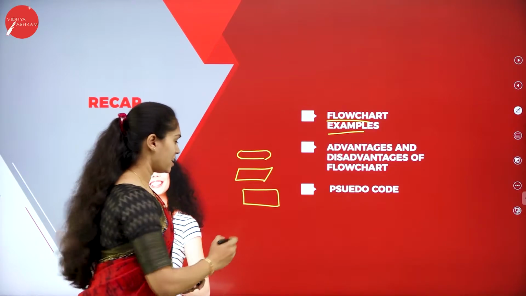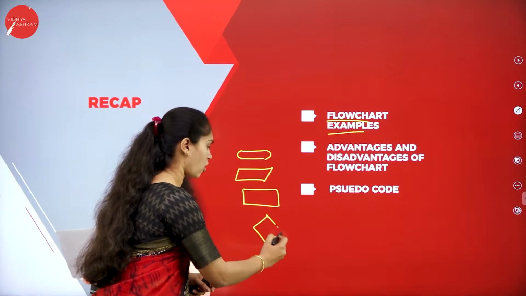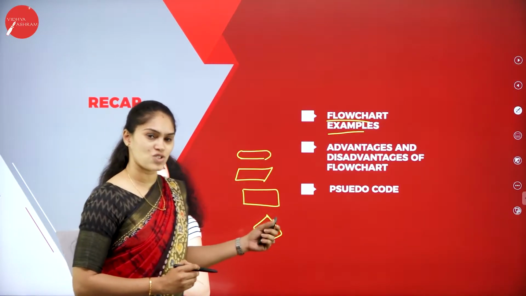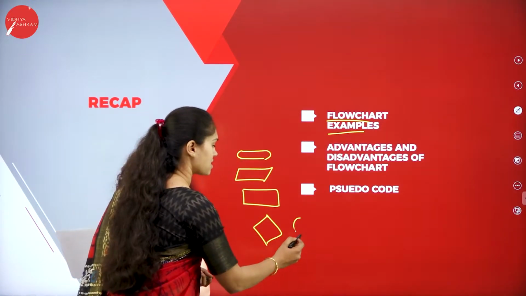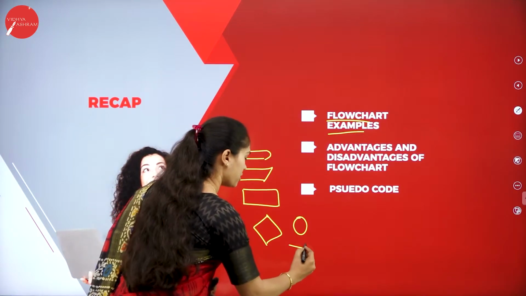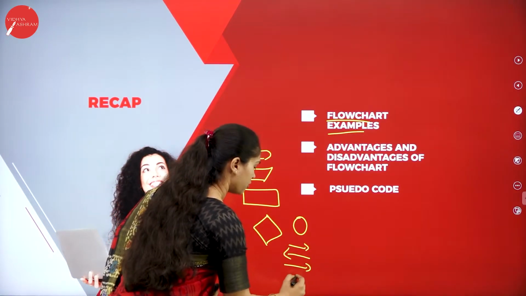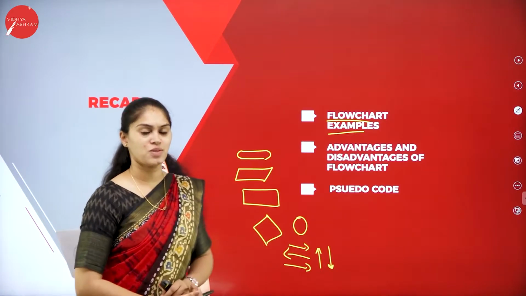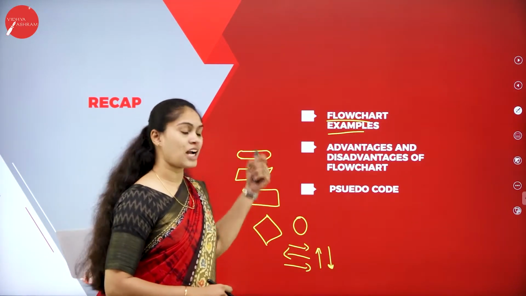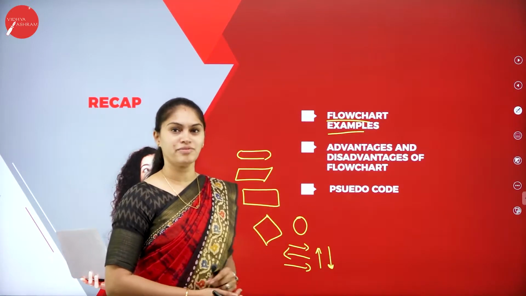And to make a decision, we use the rhombus, either for branching or for decision making. We also use the connector, and the data flow directions to represent the flow of data. So that is regarding how to write an example program for flowchart.